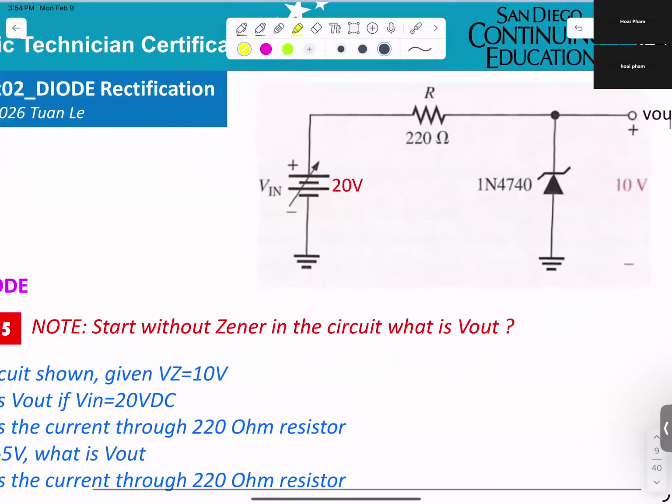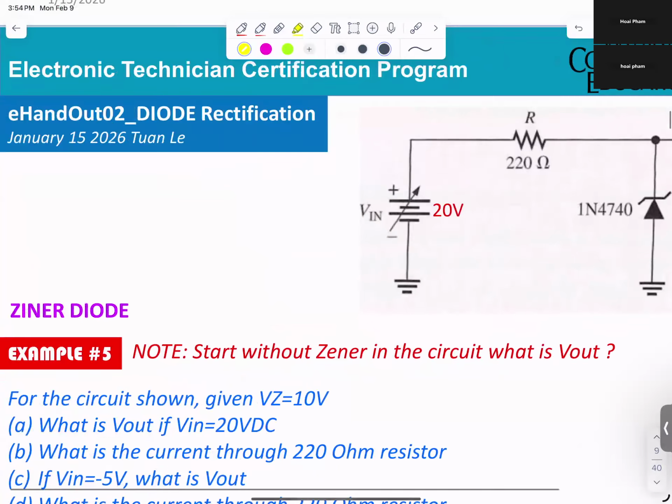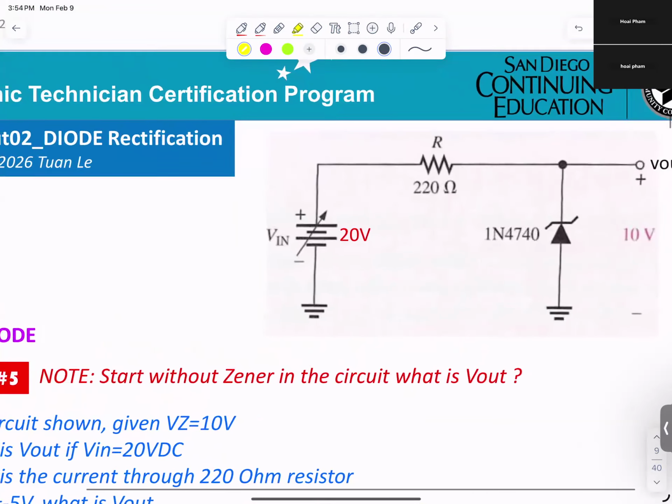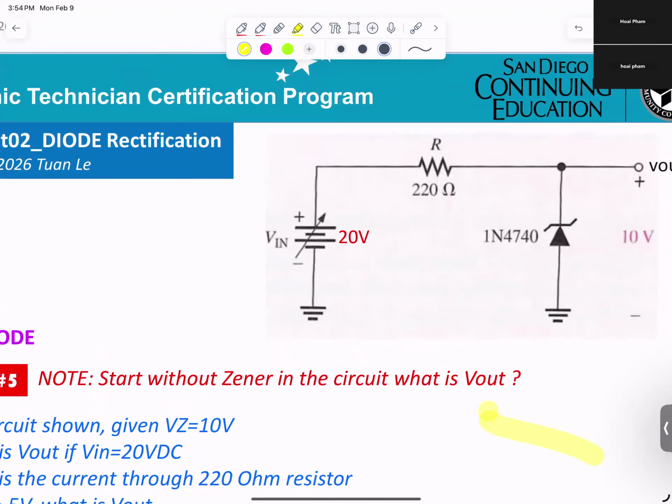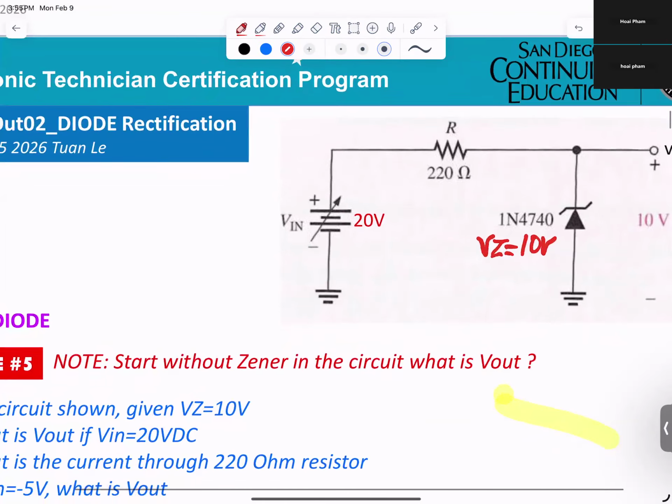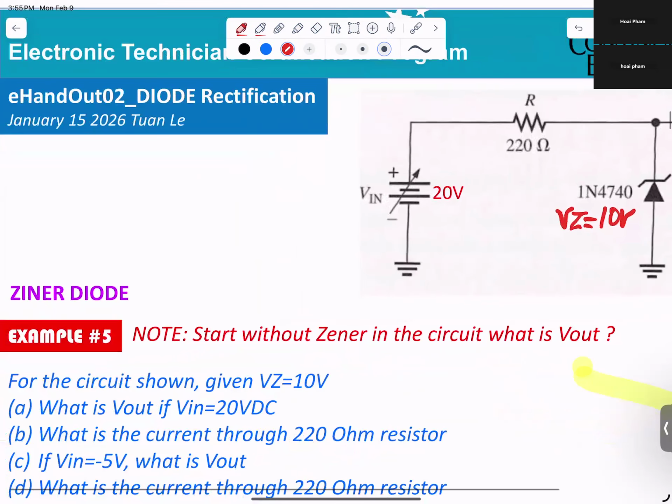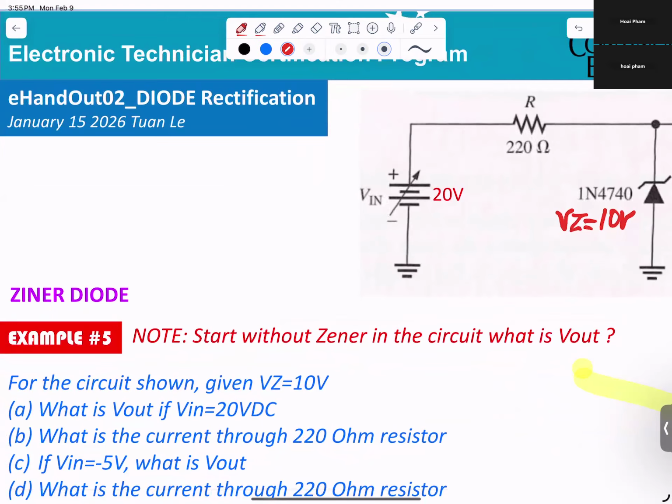Okay, let's try to see. We can get through this one. The Zener here has 10 volt VZ. For the circuit shown, they're given VZ of ten volt. What is Vout if Vin is 20 volt?